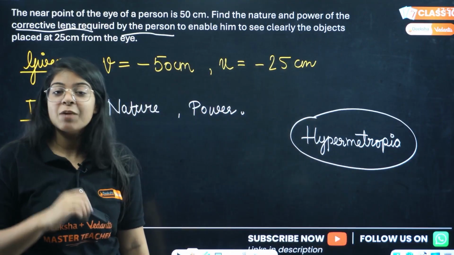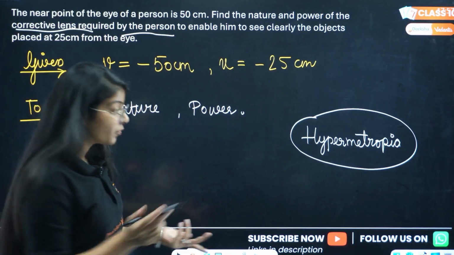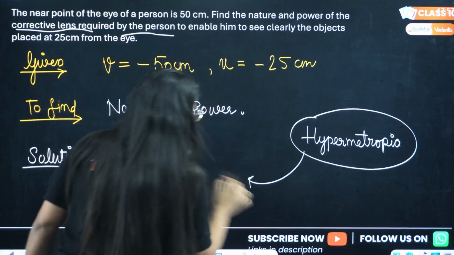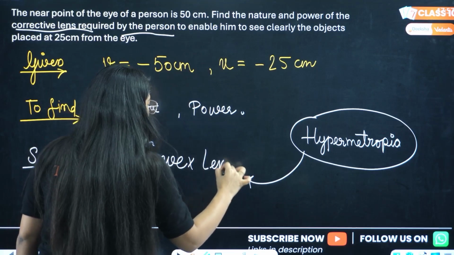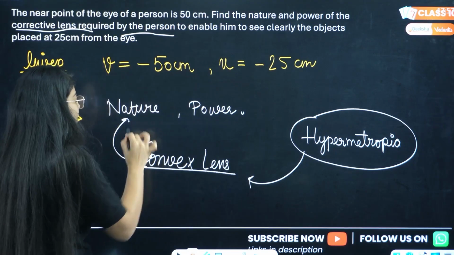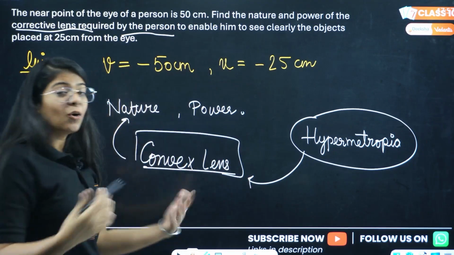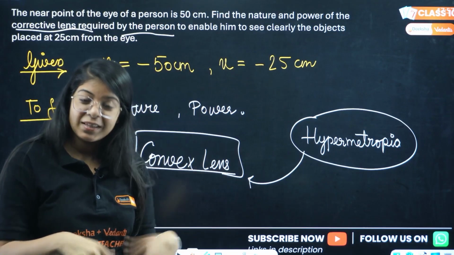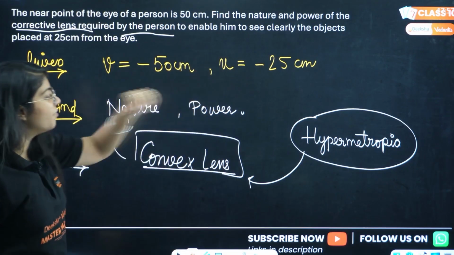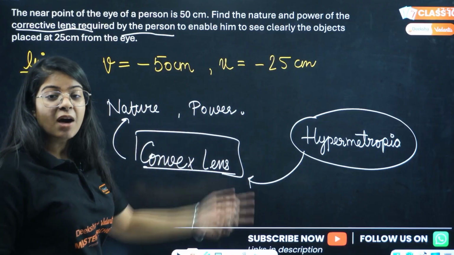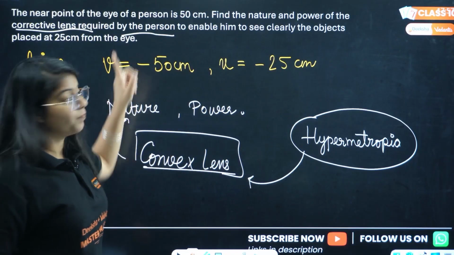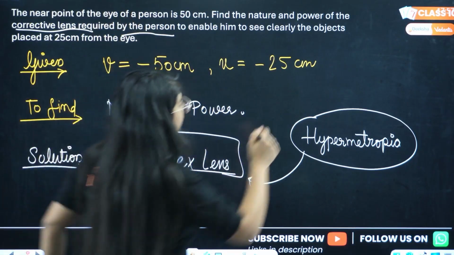And to correct hypermetropia, which lens is used? We use a convex lens. So the nature of the lens we found without any calculation. Now I have U, I have V, I can find the focal length, and from the focal length I can find power, just like we did in the last question. Use the lens formula here.